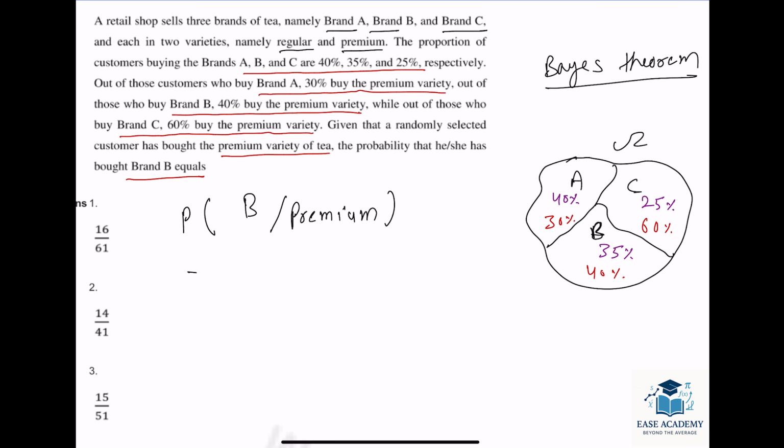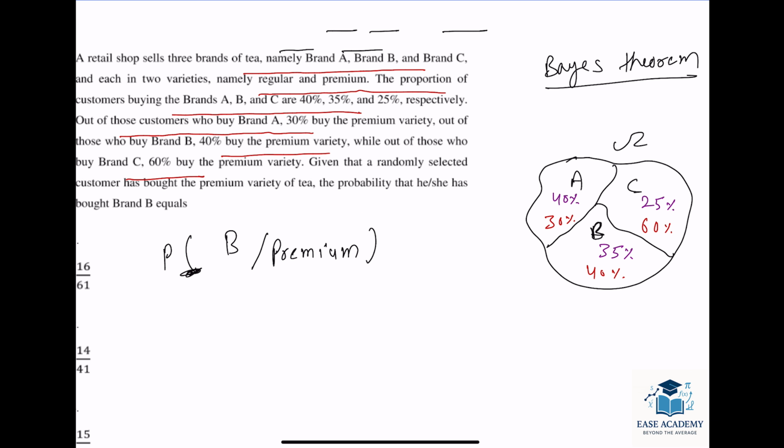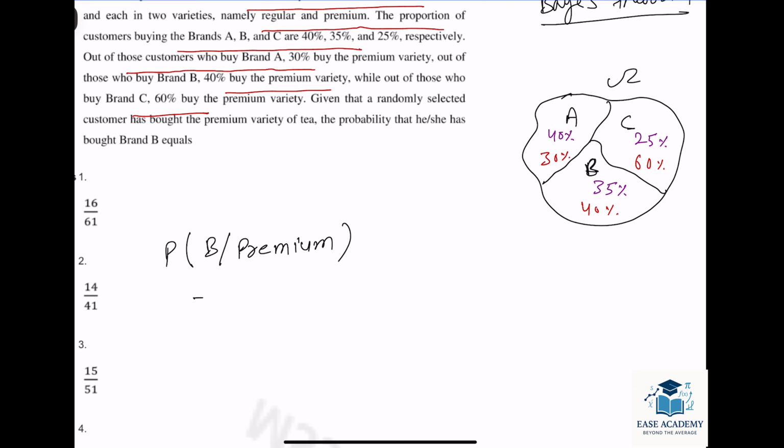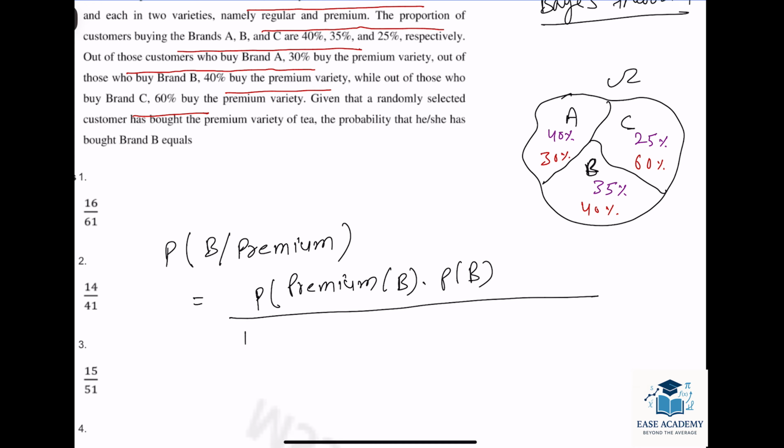So simply we will write it, let me write it a little bit more clearly. We want the probability of B when the customer has bought the tea which is premium. By Bayes theorem, that will be probability of premium given B times probability of B, and here we write the total probability of the premium.